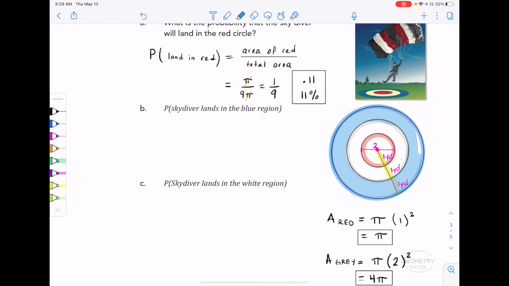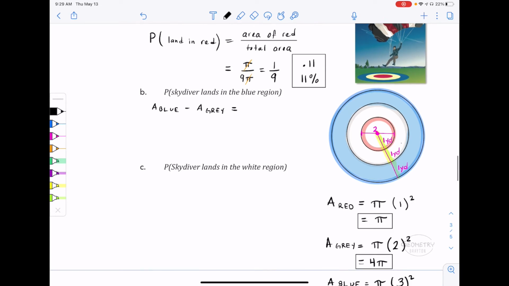How we could do that is we can take the area of the blue circle and subtract the area of the gray circle to give us that outer ring of area. So we have area of blue minus the area of the gray, which is white, and that's equal to 9 pi minus 4 pi, which is 5 pi.